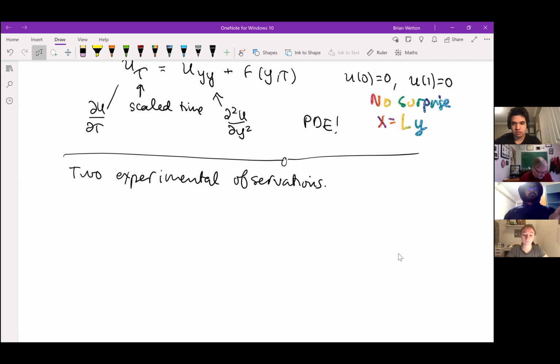Okay, so here's the first one. I'm going to have a material. This is the metal in the rod. It's just going to be a lump, though. It's not going to be the rod.